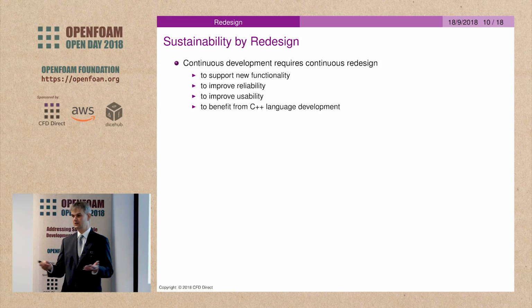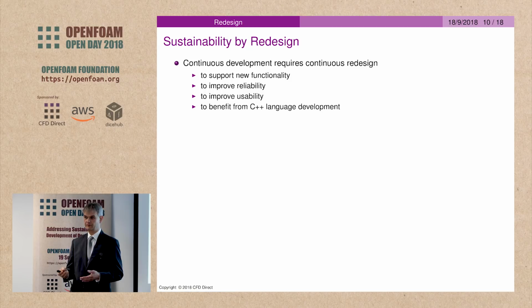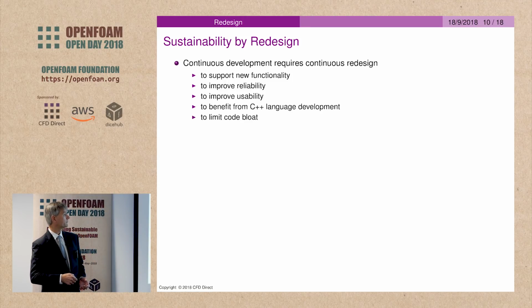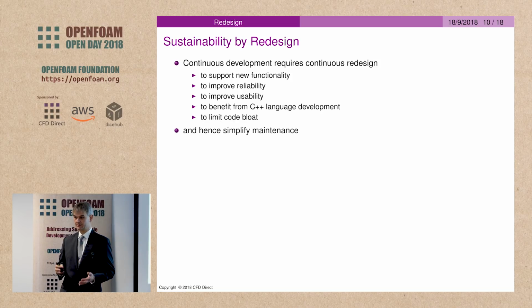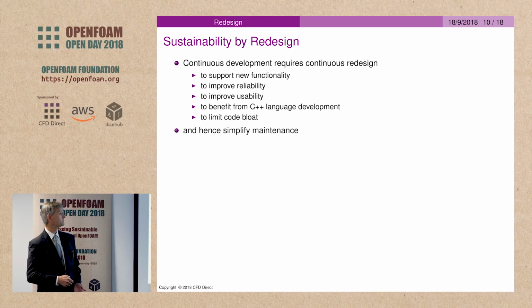We can't change everything to use standard template libraries. I wrote OpenFOAM way before standard template libraries had even been considered. So there's a limit to what we can do, but we pick and choose. We try and do our best. We try to benefit from what the language is offering us. And all of these things help us limit code bloat and hence simplify maintenance.